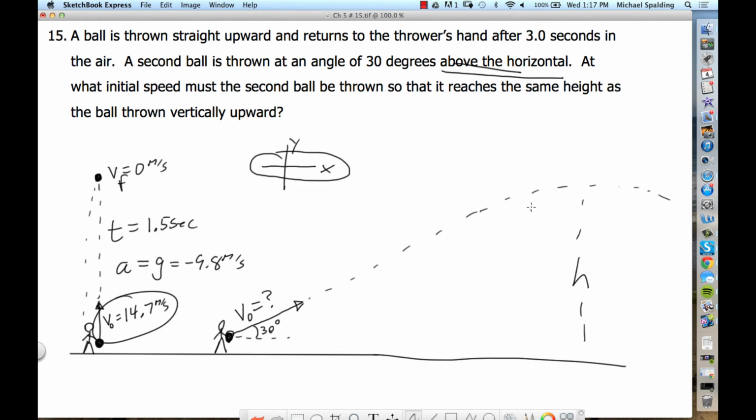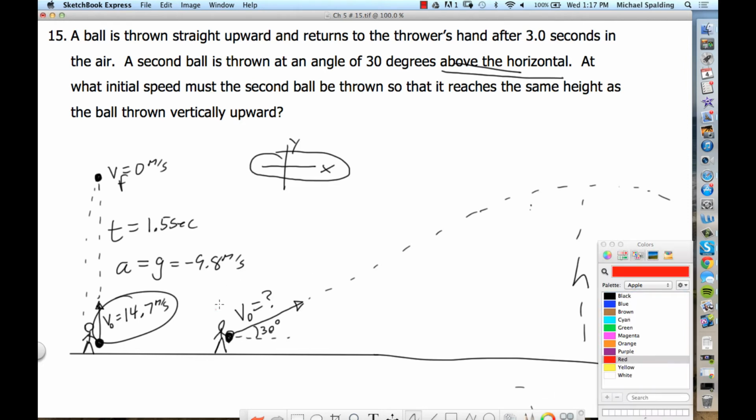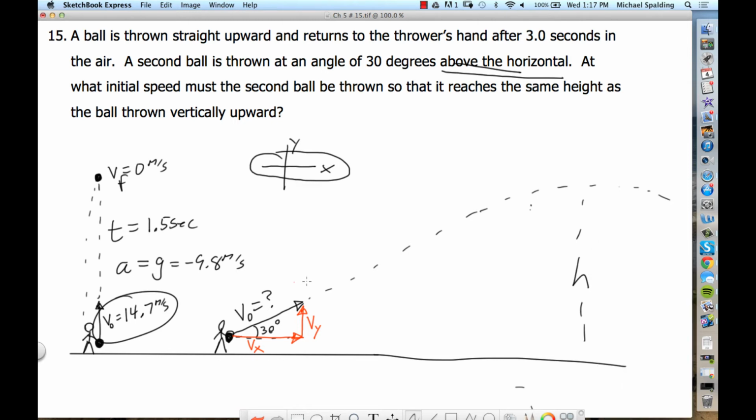So check this out. I'm going to try to keep this as simple as I can. When the guy throws the ball, it has an x velocity, Vx, and it has a y velocity, Vy. If this ball that's thrown at an angle is going to go to the same height as this other one, this y velocity has to be what?